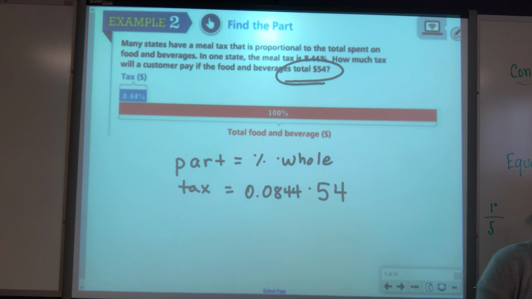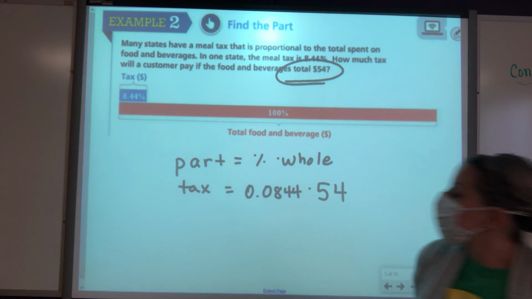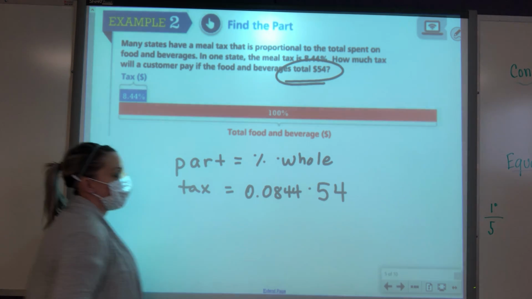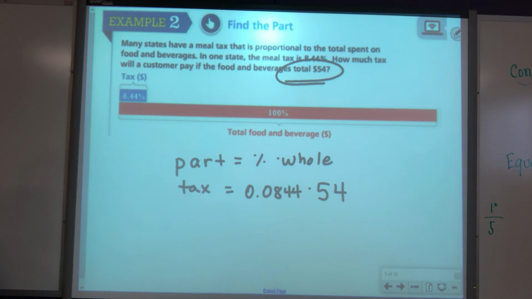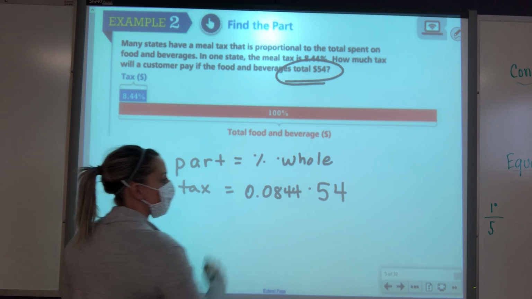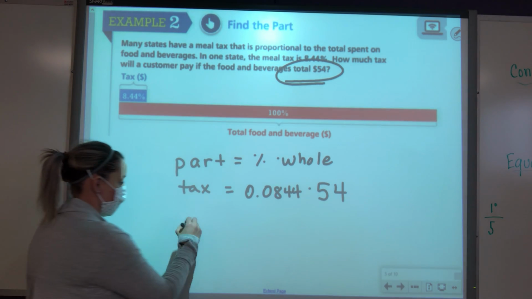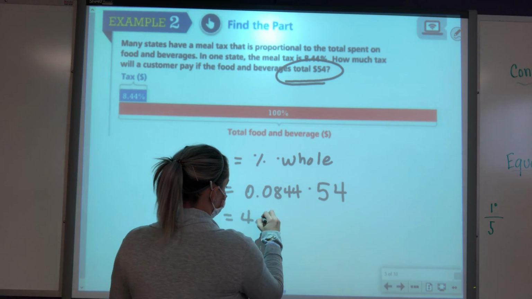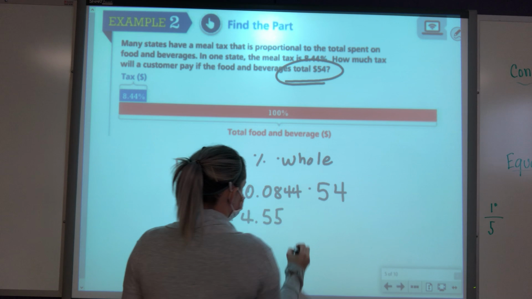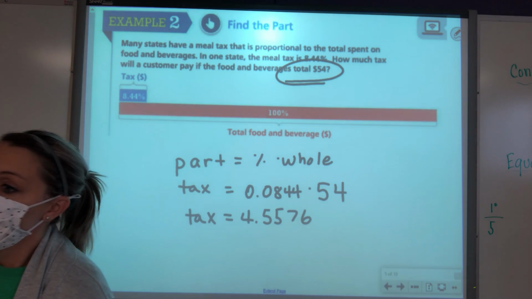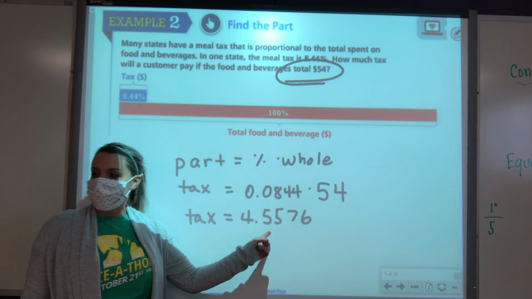So when I multiply 844 ten thousandths, that's tenths, hundredths, thousandths, ten-thousandths, times 54, I get that my tax is equal to 4 and 5,576 ten thousandths. Have you ever seen this amount of money?